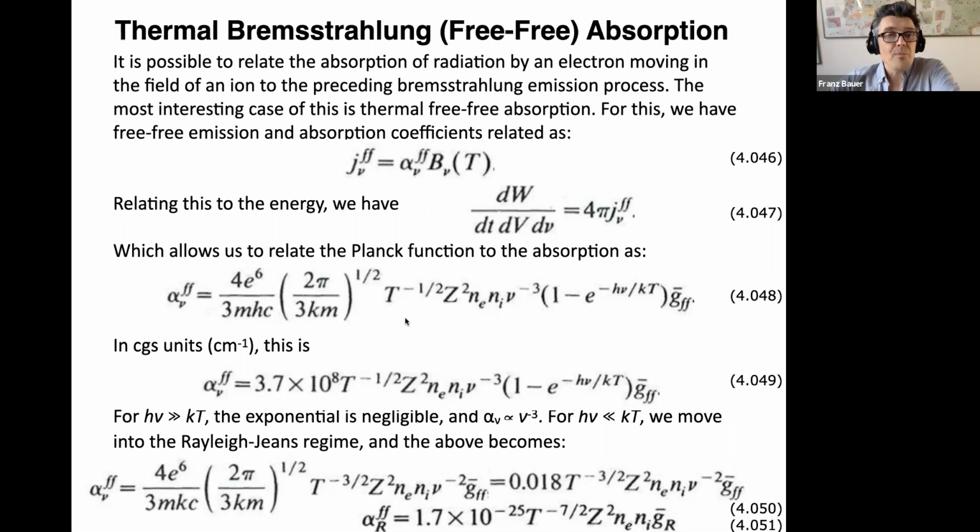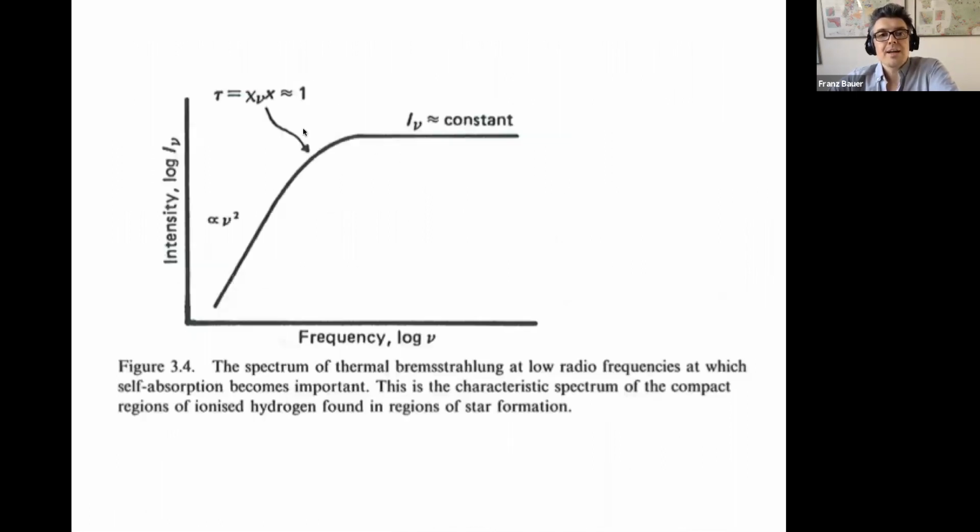So with that in mind, we can ask what this might look like. If we have some initial spectrum, basically what happens is at very high frequencies, you will have more or less a constant emission.